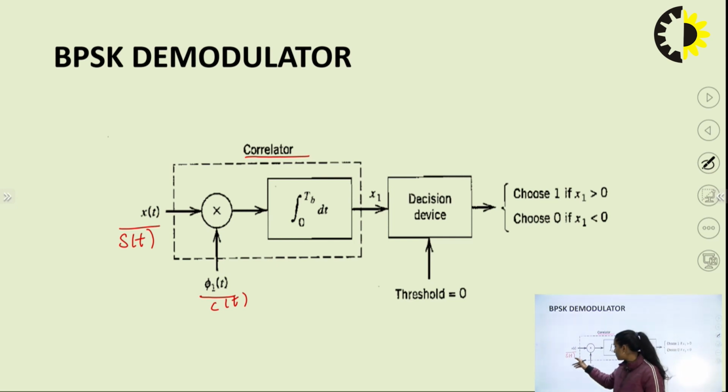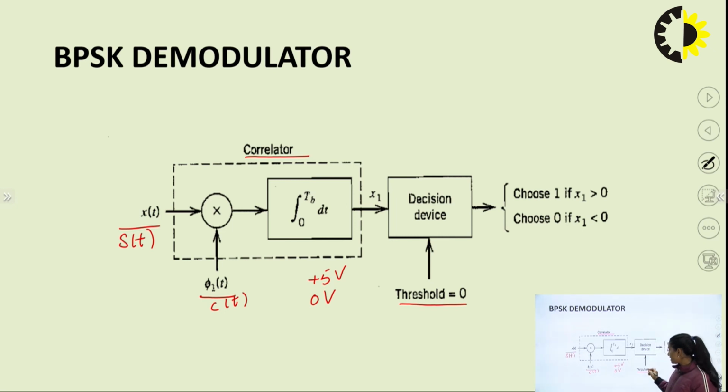So my modulated wave and my carrier get multiplied at the product modulator, and this goes on for all the bits that were used at the transmitter. Now this goes to a decision device, and here we provide a threshold. If for bit 1, plus 5 volt was used at the transmitter, and for bit 0, let's suppose 0 volt was considered, then I might use a threshold value of, let's suppose, 3 volt.